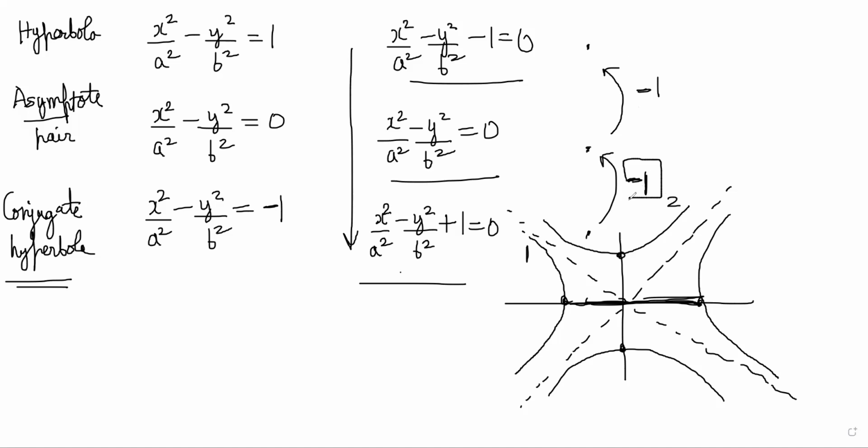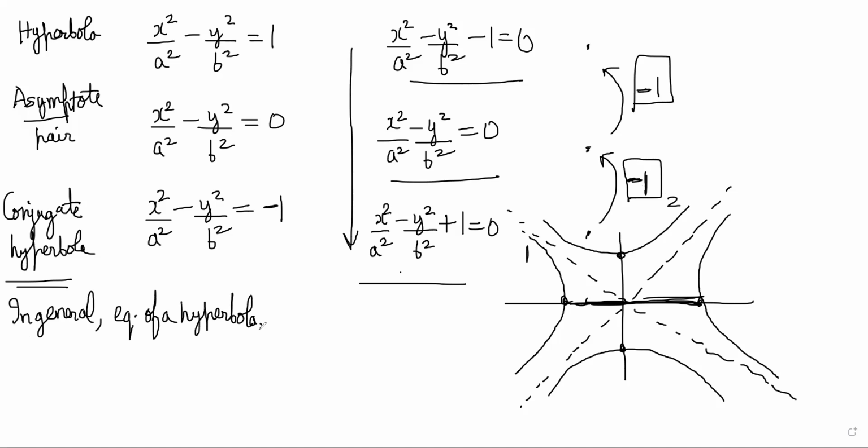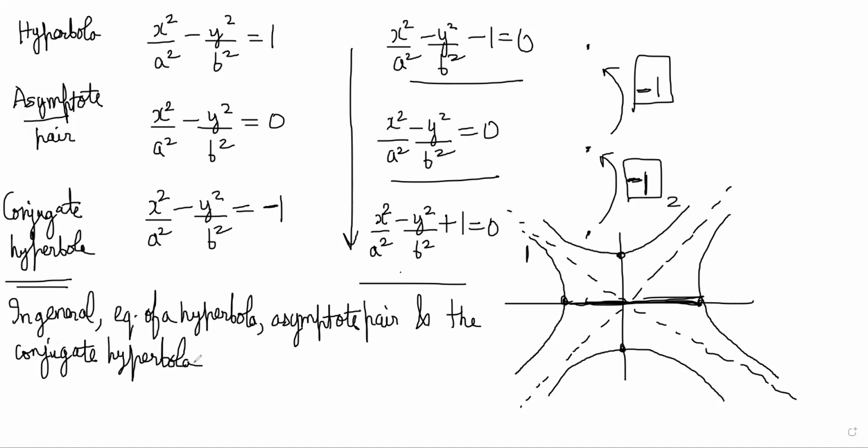Like it is minus 1 in this case and minus 1 in this case. And you can say in general, the equation of a hyperbola, asymptote pair, and the conjugate hyperbola will differ by the same constant.